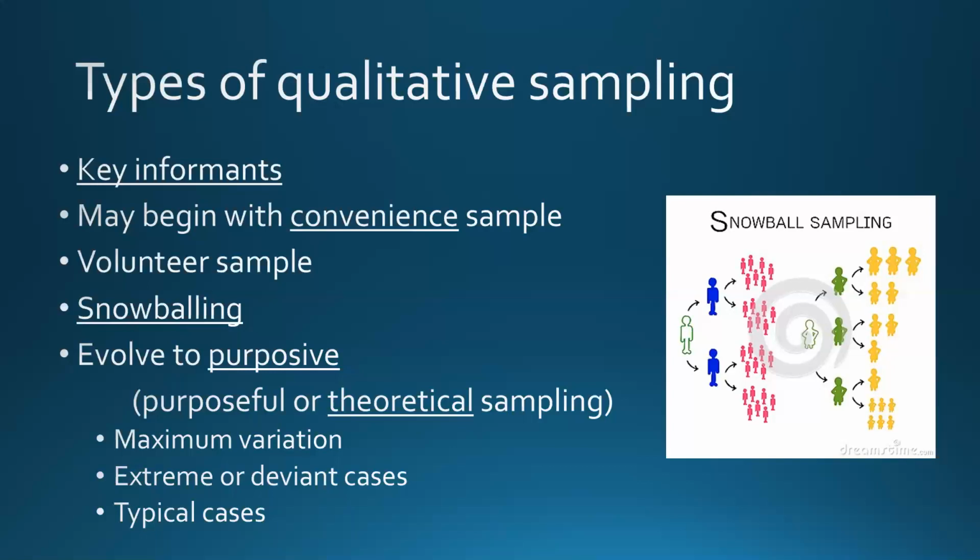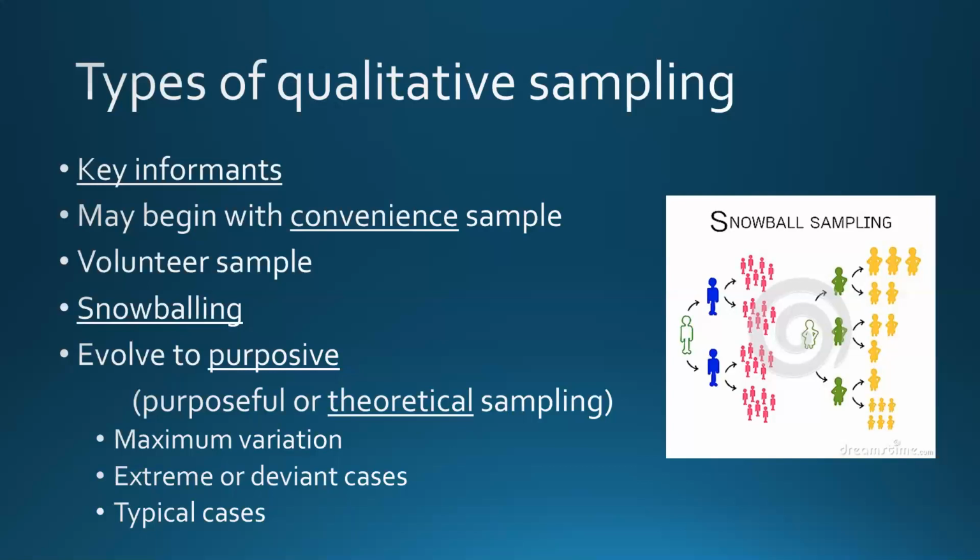So they will also look for extreme or, we use the term deviant, but it really means that somebody, if you think of the bell-shaped curve, we really want to study the people who are on the two ends of that bell-shaped curve.